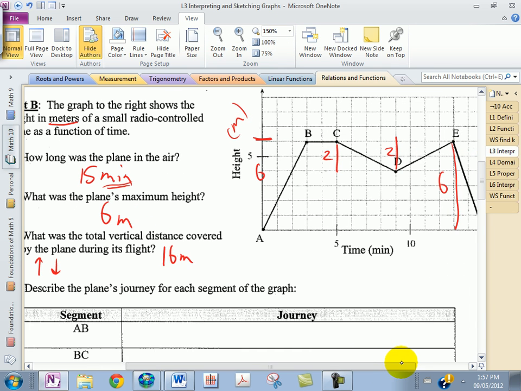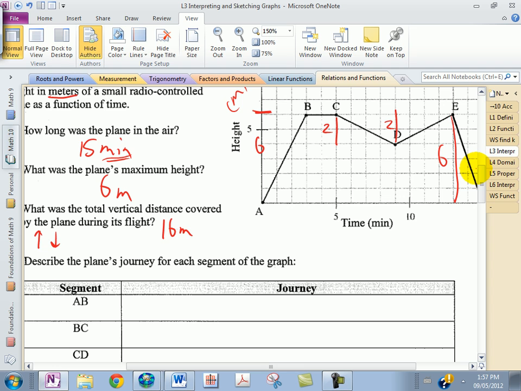So we're going to look at each segment individually. At AB, what happened there? Yeah, plane took off. So it left the ground. And what did it do? Good. So it rose 6 meters in how many minutes? 3 minutes.